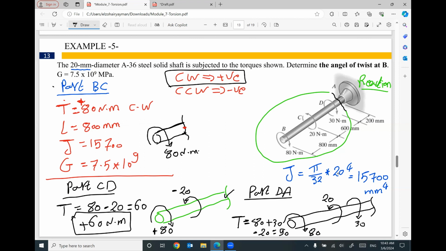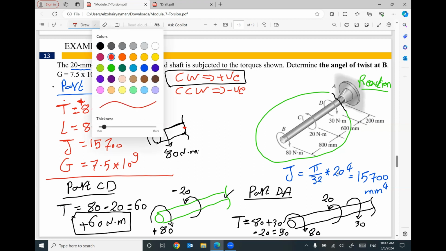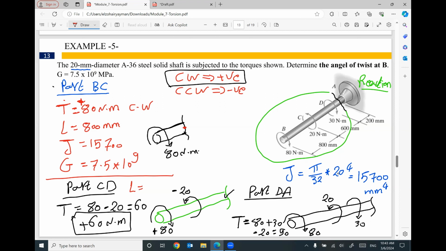I forgot to mention this: the length of part CD equals 600 millimeter. The length of part DA equals 200 millimeter.